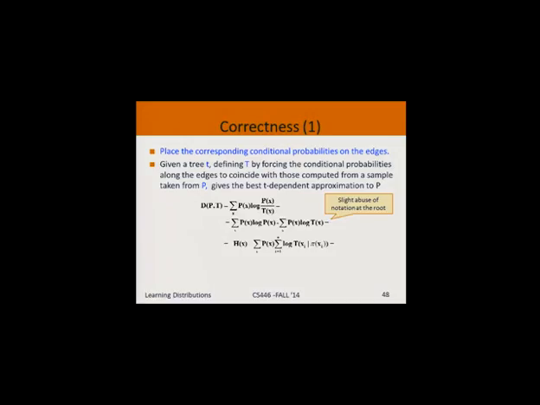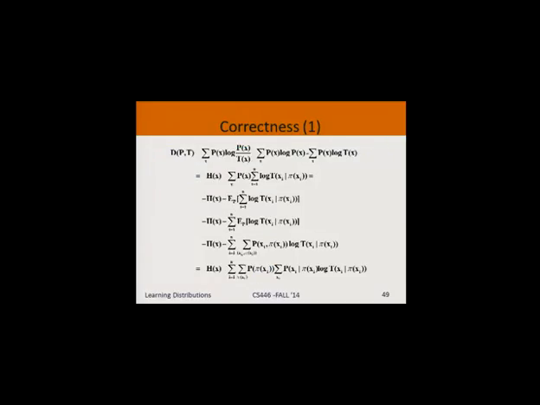I'm just assuming that it has parents. And basically, I want to know how to define this so as to maximize this component. Okay, so this is just, I actually already did this before.